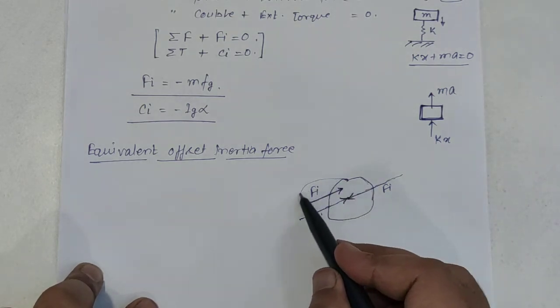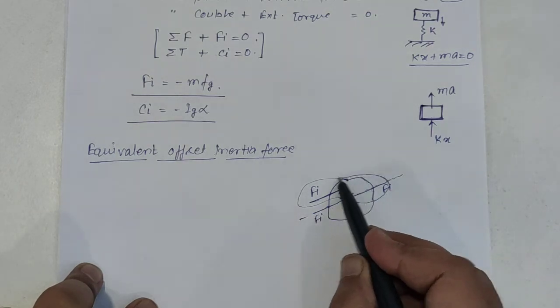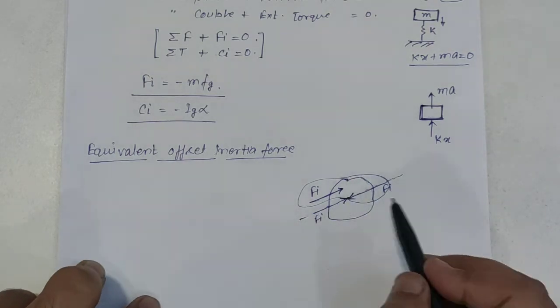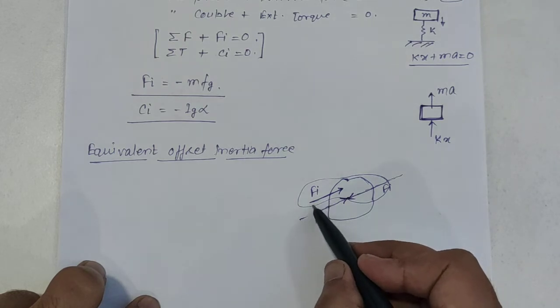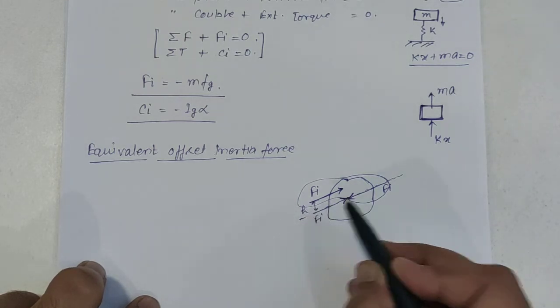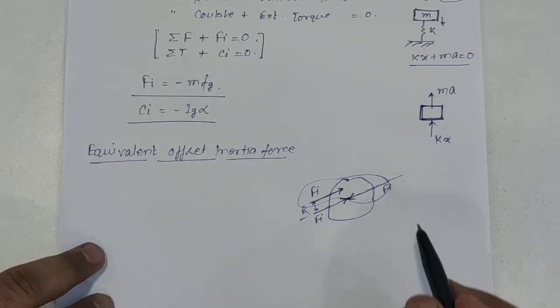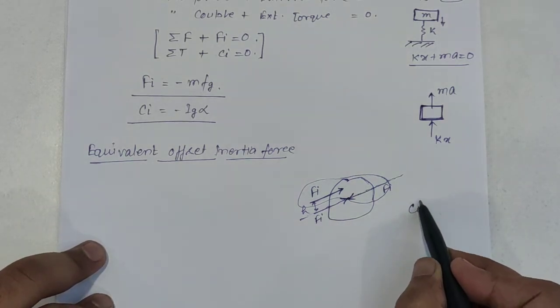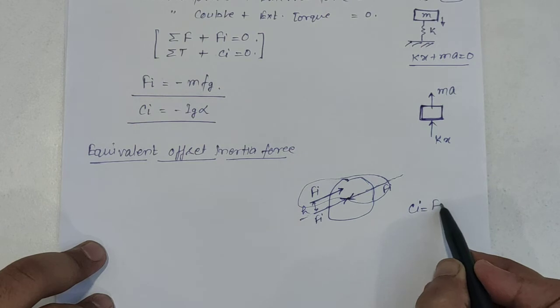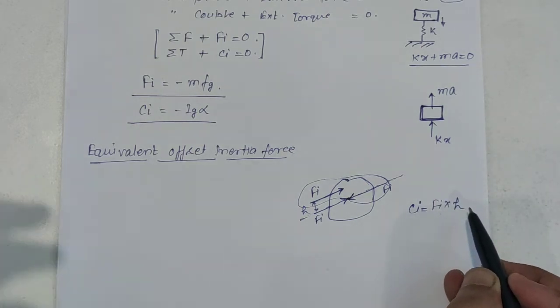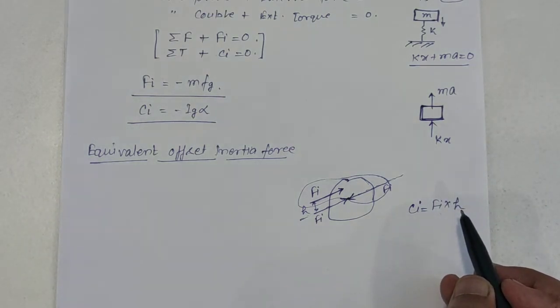Now we can consider these two forces, which will produce a couple. Let's say the perpendicular distance is h. So we can say that this couple Ci will be equal to Fi into h.